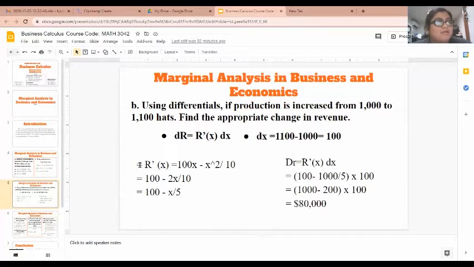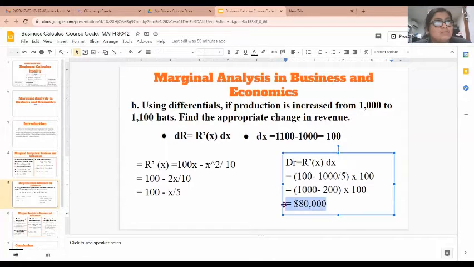Now we have to find R prime of x, which is equal to 100x minus x squared divided by 10, and then 100 minus 2x divided by 10, and then the final answer is 100 minus x divided by 5. So the dR here would be $80,000.